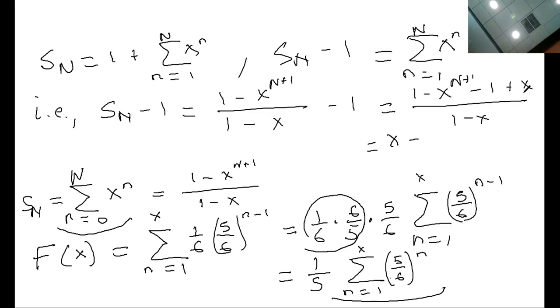So we are left with x minus x^(n+1), over 1 minus x.